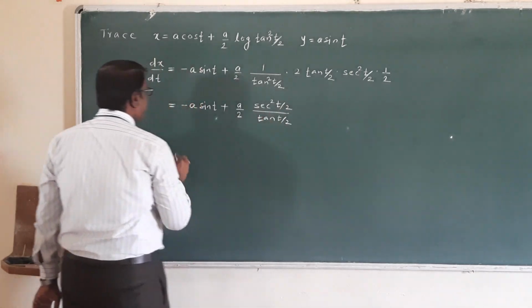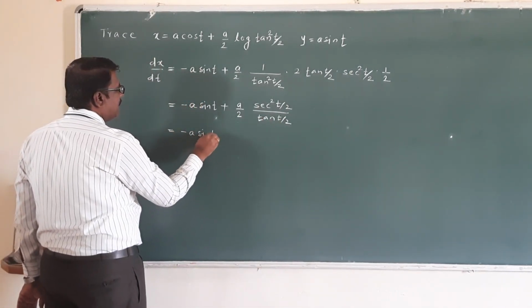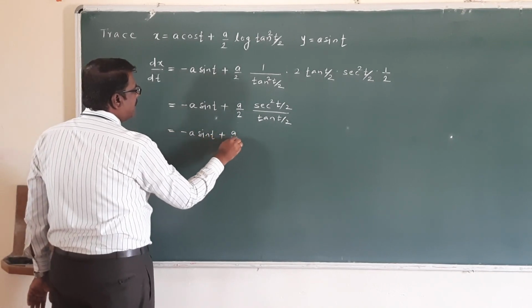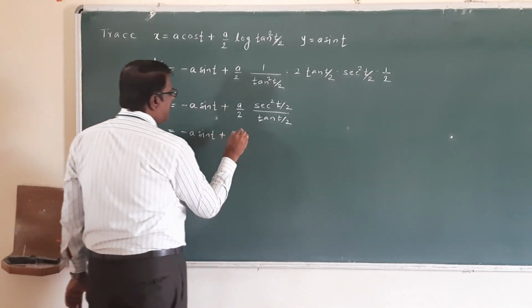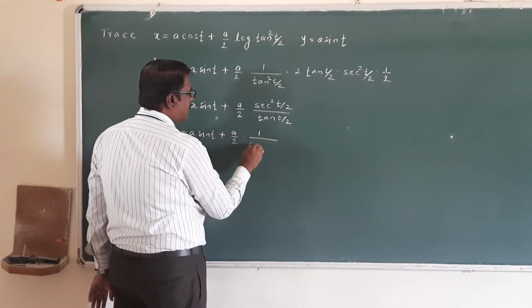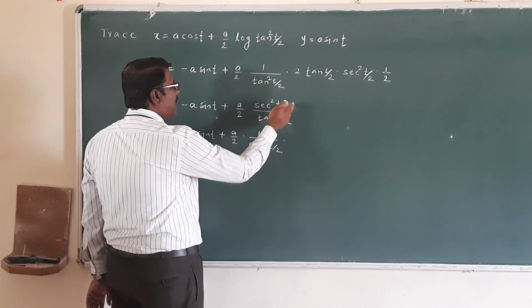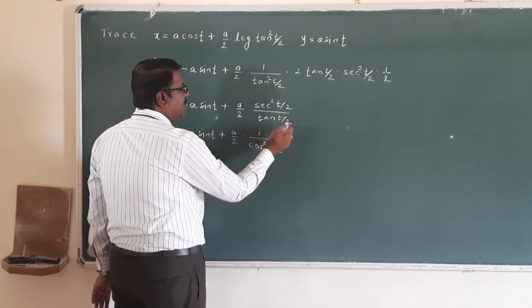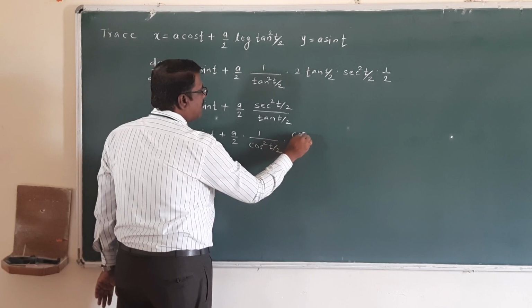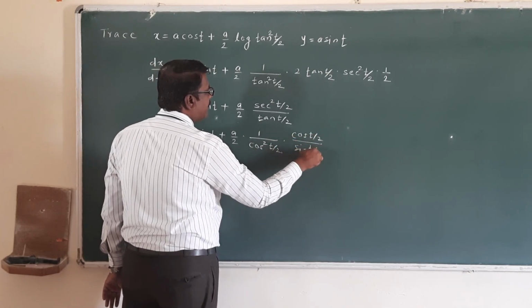Now this can be written as minus a sin t plus a by 2 into, so sec square t by 2 it is 1 upon cos square t by 2 into 1 upon tan t by 2, which is cos t by 2 divided by sin t by 2.